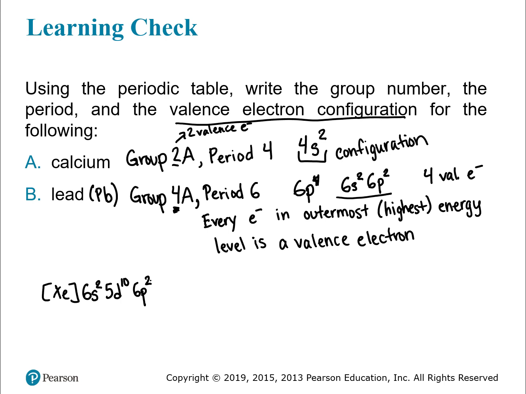We're looking at the outermost energy level. So that's the one with the highest number. Everything that has a 6 is what we care about. So these are the electrons that are the valence electrons.